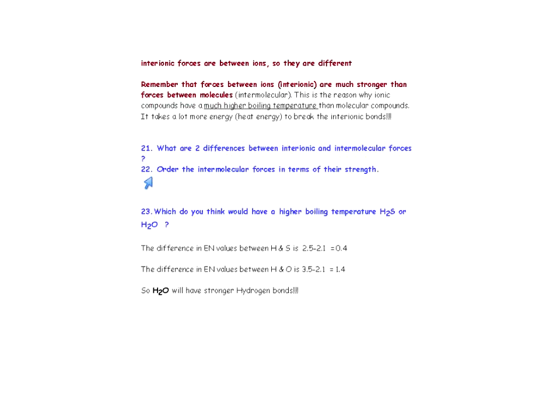Okay, question 22. Can you order the intermolecular forces in terms of their strength? Which are the weakest ones? The weakest ones are the London forces, also known as dispersion.